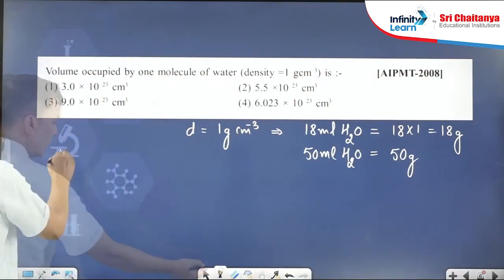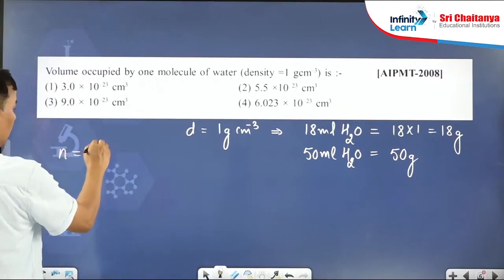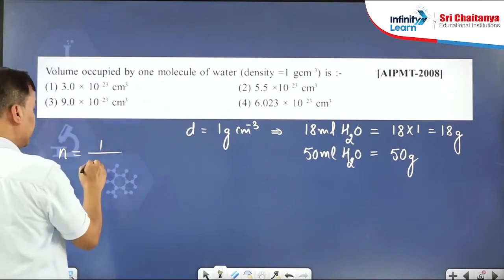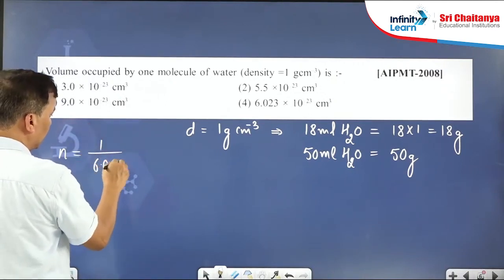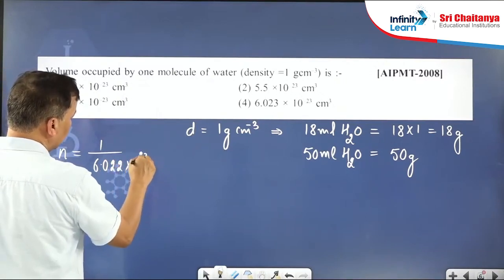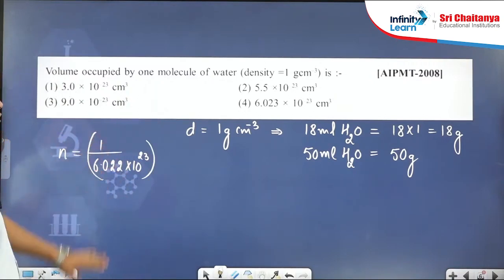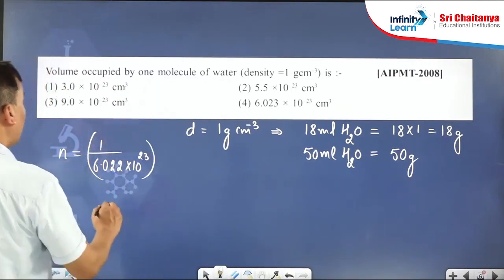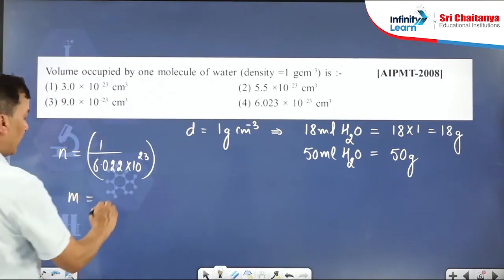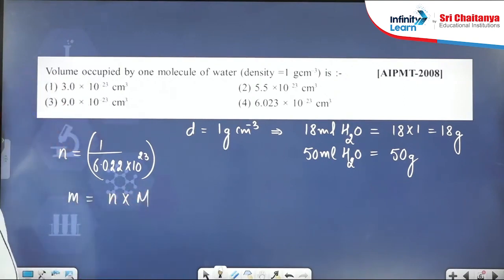My first suggestion is to convert into the number of moles. One molecule, number of particles has to be divided by which one? 6.022 into 10 raised to power 23. Is that clear or not? Dear student, these are the number of moles: given particles upon Avogadro's number. Now, number of moles, we have to convert this into which one? Mass. Number of moles into what? Into molar mass. Please confirm yes or no.